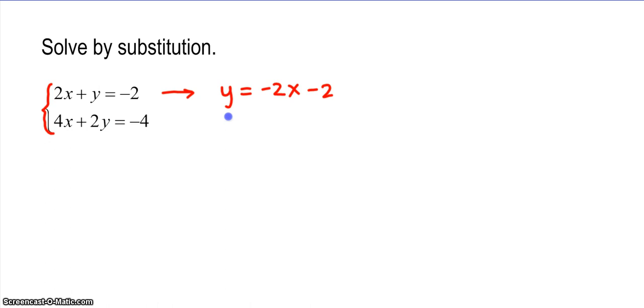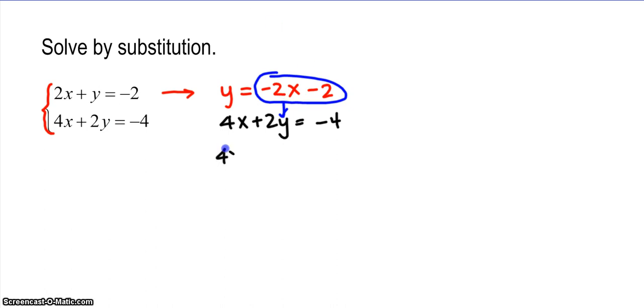And I'm going to consider that with the existing equation 4x plus 2y equals negative 4. Now everywhere I see y in the second equation, I can replace it with the expression negative 2x minus 2.